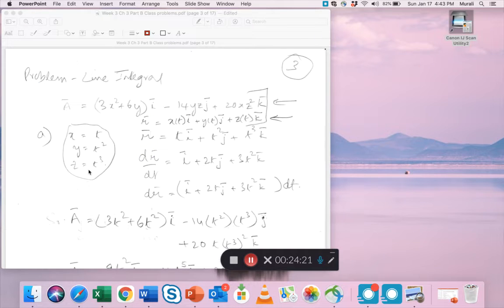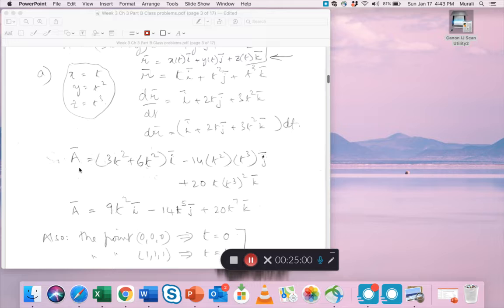Now for part B, like I said, we are given x equals t, y equals t squared, z equals t cubed. So for r, which is this equation, x as a function of t you put t, y as a function of t you put t squared, z as a function of t you put t cubed. Then you get dr by dt. You can take a differentiation of each of these elements, and remember t is the independent variable here. Then you write dr by just moving the dt over to the other side.